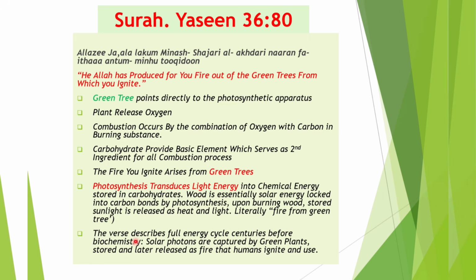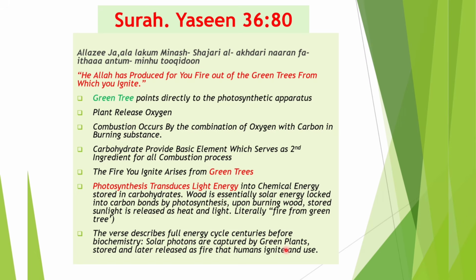And the verse describes the full energy cycle centuries before biochemistry. That is, solar photons are captured by green plants, stored and later released as fire that humans ignite and use.